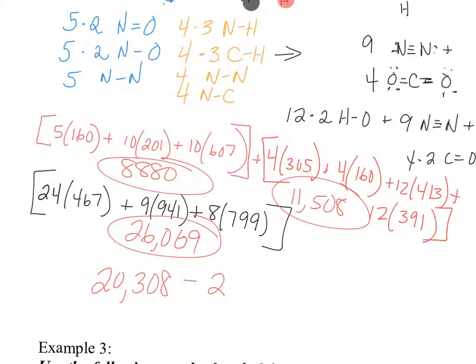So bonds broken minus bonds formed came up with a grand total of negative 5,681 kilojoules. Now, you will never see a problem like this, I promise you.